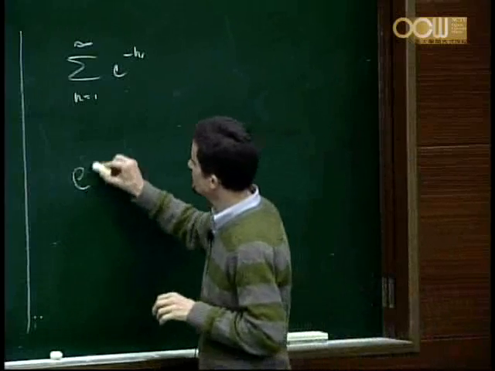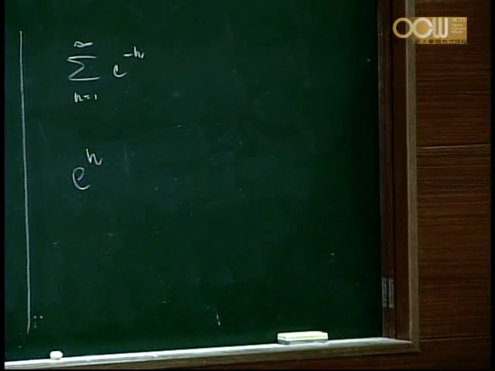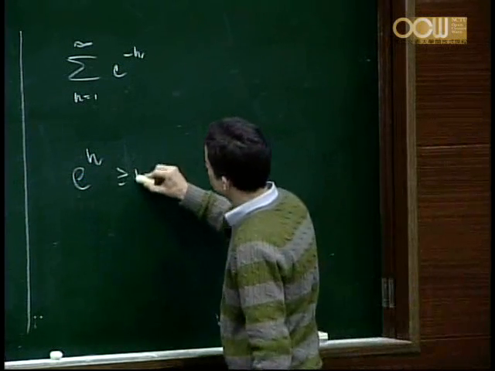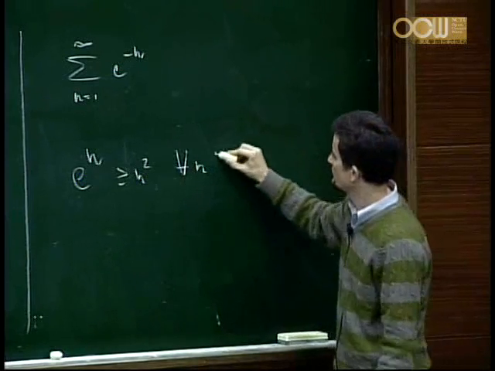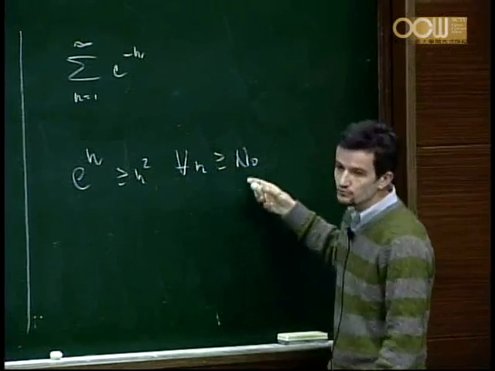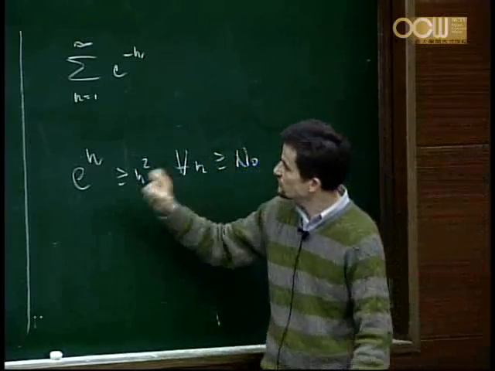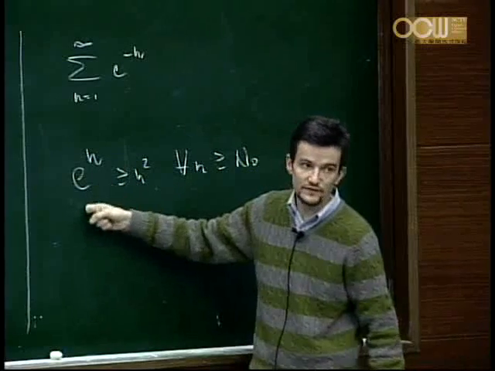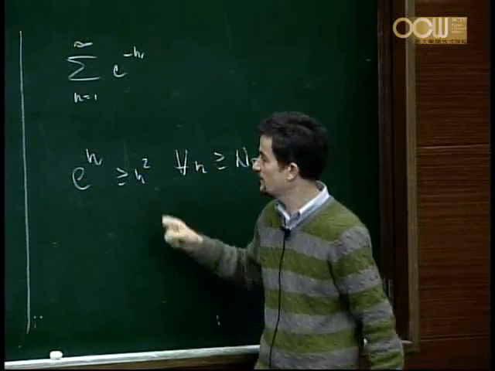If you look at e to the n, we know that as n grows to infinity, e to the n will grow much faster than any power. For instance, e to the n will be larger or equal than n squared if n is large enough. I don't really have to say how large. The reason is that e to the n grows faster than any power function.